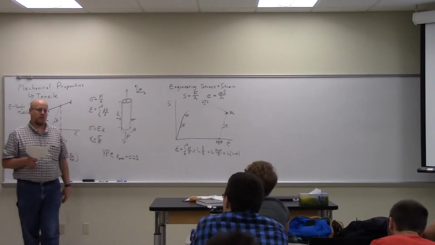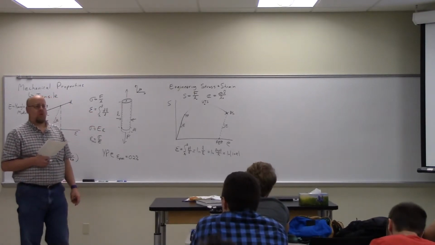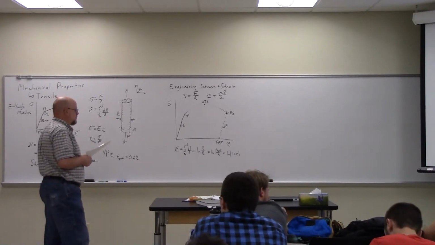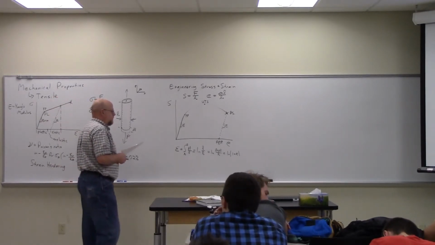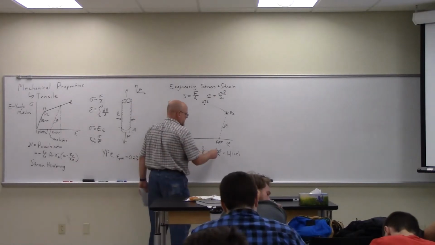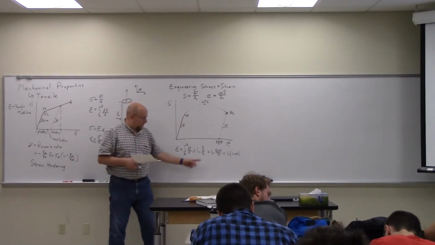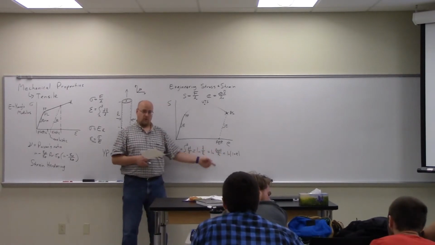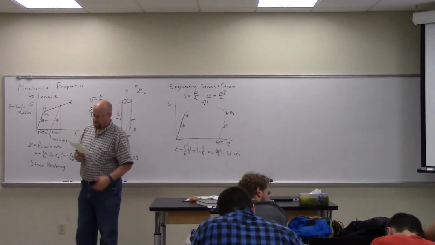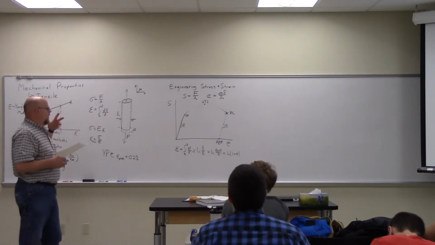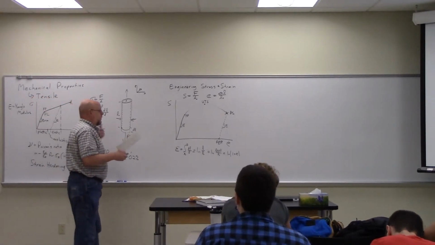Why can you replace L with L plus delta L? L naught plus delta L, sorry. Right, that's how I got the 1. And the same thing could then be true in the horizontal direction.